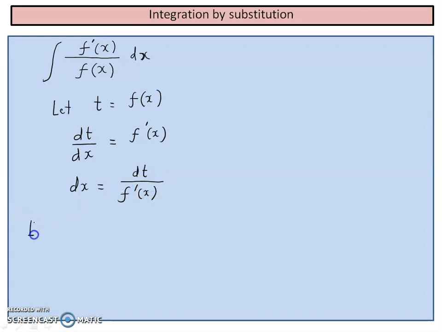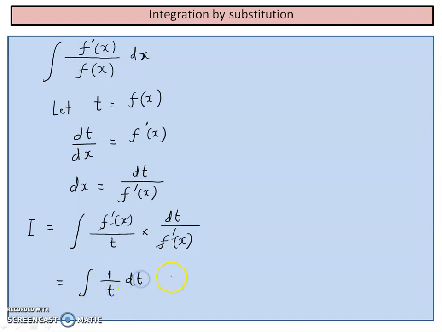Now our example becomes integral f dash x, in place of fx I will write t, and instead of dx it will be dt upon f dash x. Now see what happens. This f dash x gets cancelled, so our integration becomes integral 1 upon t dt, which is nothing but log of t.